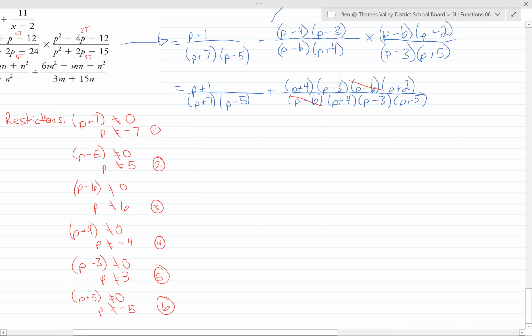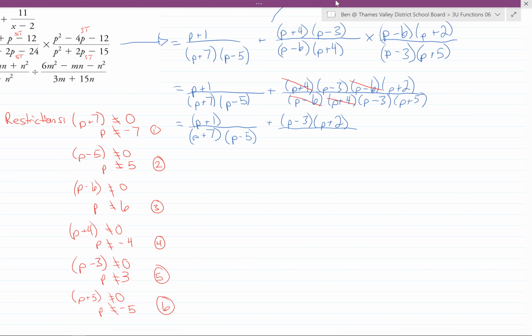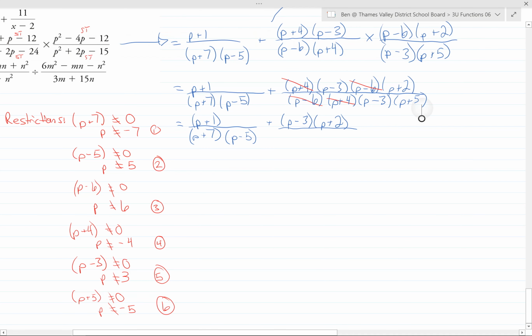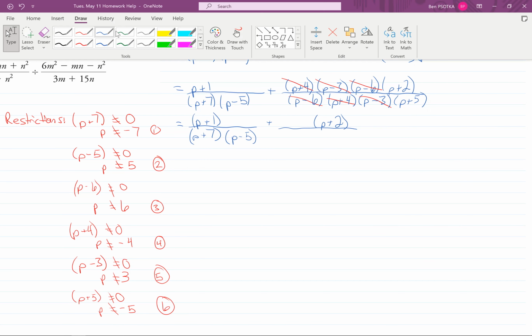So I see a p minus 6 happening in my numerator and denominator, and I see a p plus 4 as well. So I'm going to rewrite this line here, leaving me with, I'll leave the first fraction as is, (p plus 7)(p minus 5), and the second fraction now is reduced to (p minus 3)(p plus 2), divided by p, whoops, looks like I still have a p minus 3 term involved in my numerator and denominator, so I can cancel those out and erase this factor here.